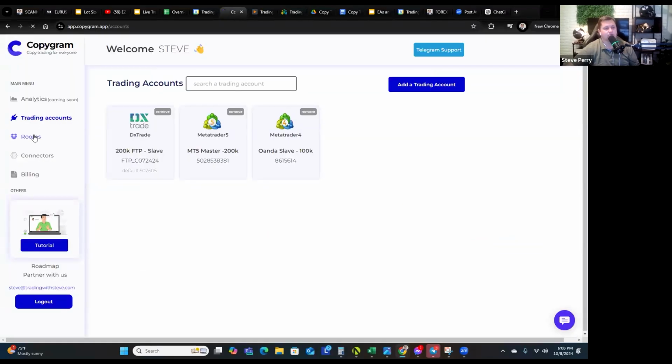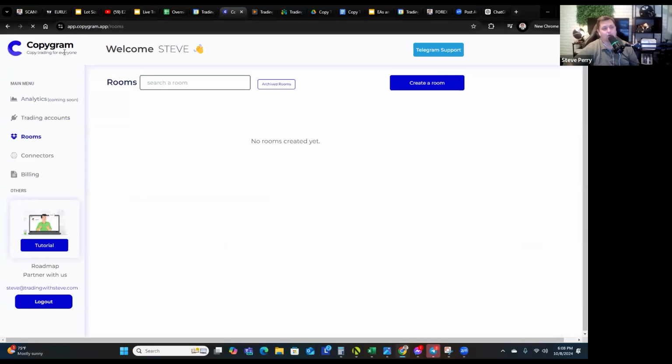I'm going to show you guys how to use Copygram. Okay, so Copygram is a copy trader that's meant for traders who aren't necessarily looking to copy trade a professional, but rather, let's say you have three, four, five, six, seven, eight trading accounts, and you want to manage them all in one place.